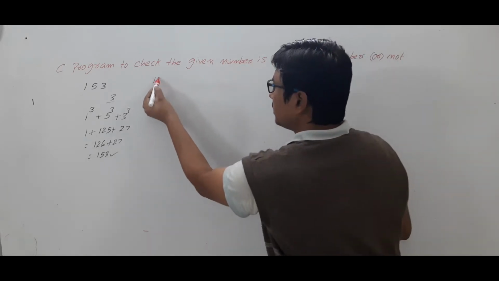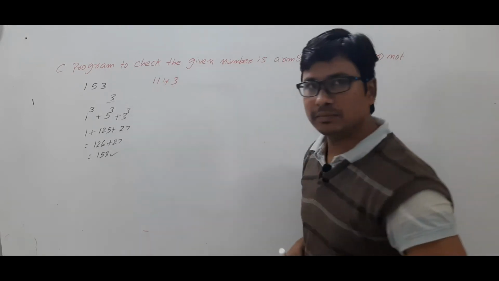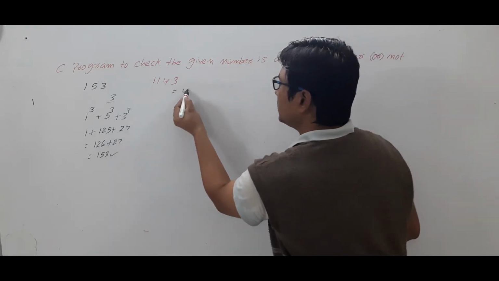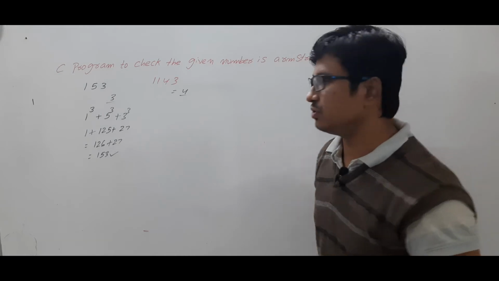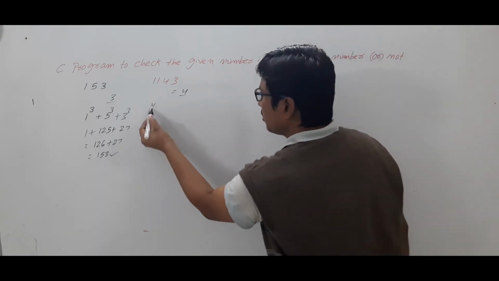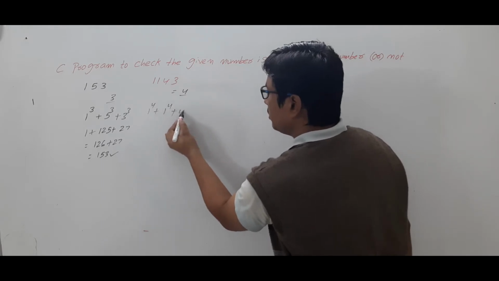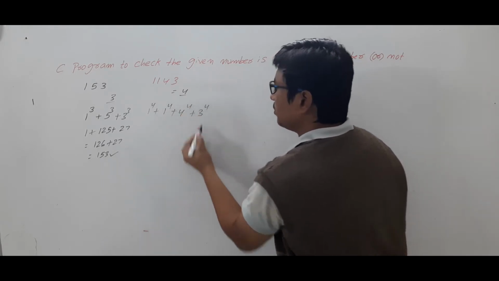I am taking a number called 1143. Now first thing is that I need to check how many digits are there. The number of digits are 4. So take the individual digit, compute the power of 4. 1 power 4, 1 power 4, 4 power 4, 3 power 4.